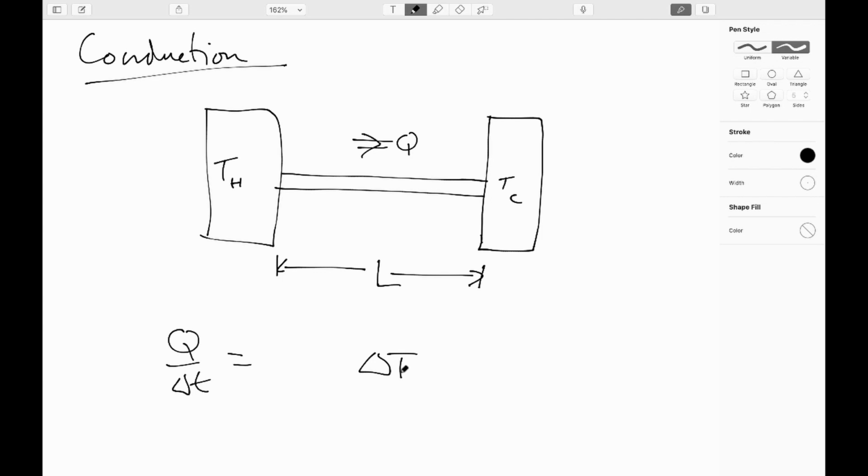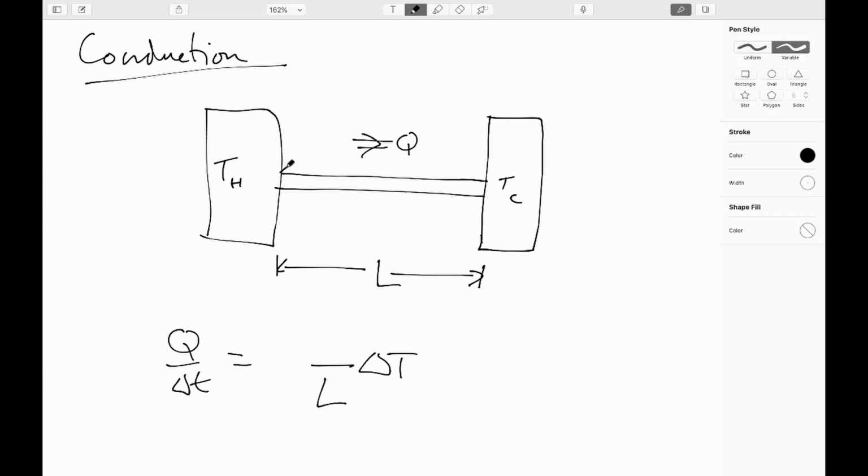We can also see that it should go inversely as the length of the rod or whatever this is. And this is because there will be a longer chain of collisions, which means you give up less energy along each collision, and so that will slow the process.